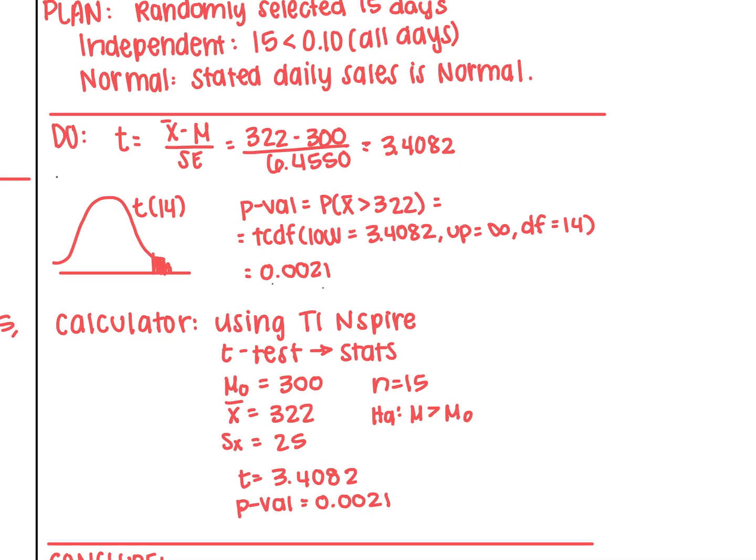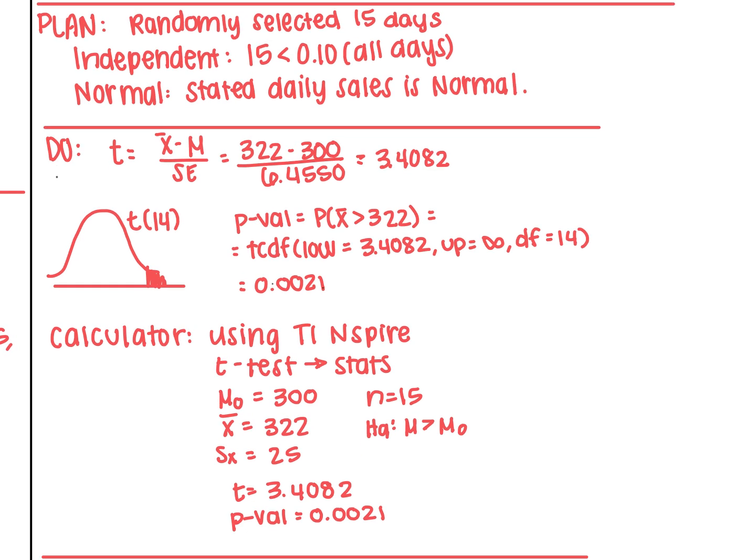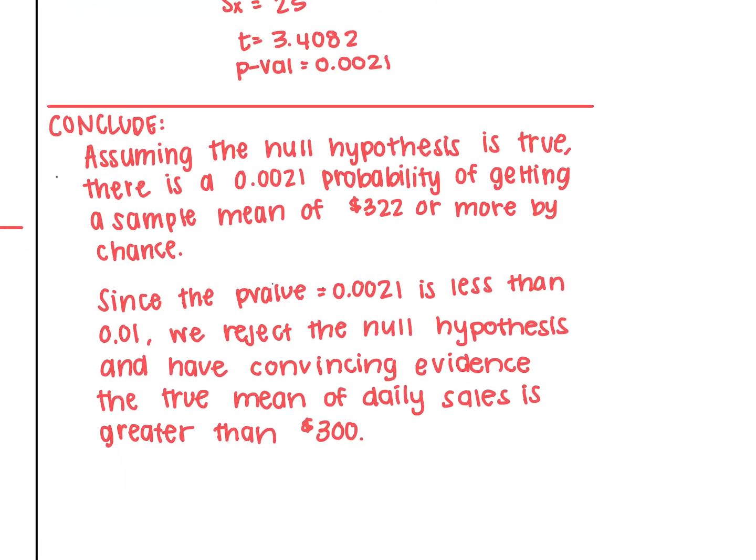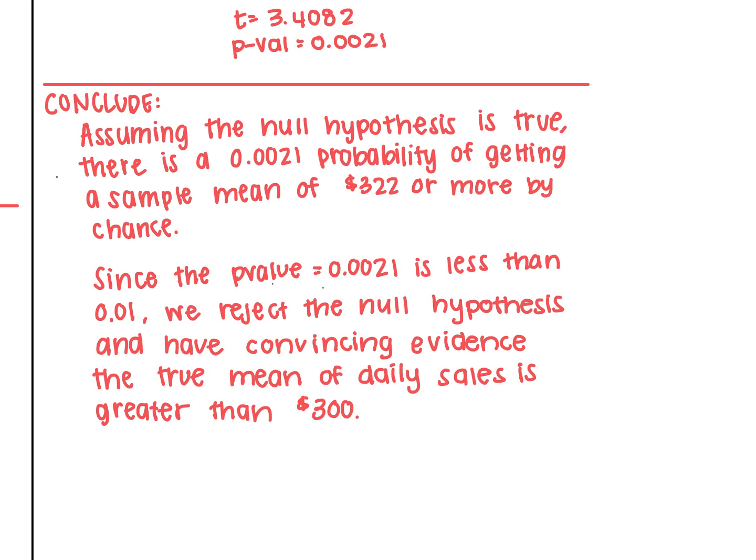We will do this test, x bar minus mu over standard error. Calculate that out, and we've got our p-value where x is more than $322. We calculate it and get 0.002. Remember, 0.002 is of course less than 0.01.